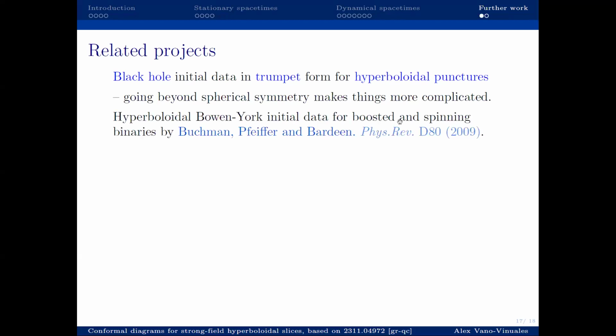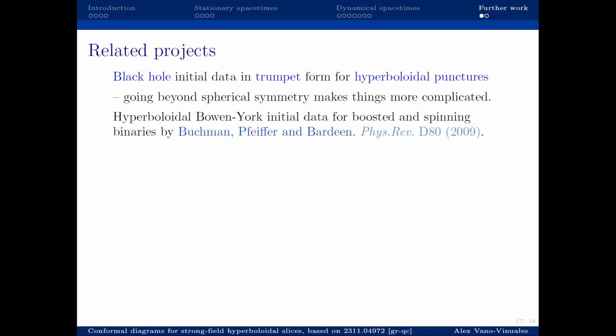I need to mention the 2008 work by Bochman, Pfaff, and Badin on binary initial data and hyperboloidal slices, where they adapted the Bowen-York approach to describe boosted and spinning binaries.